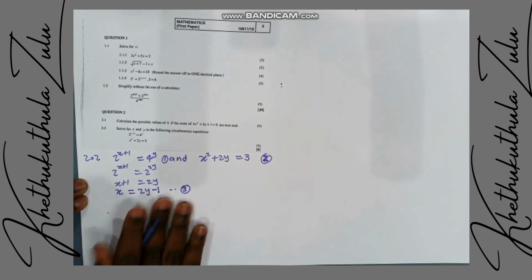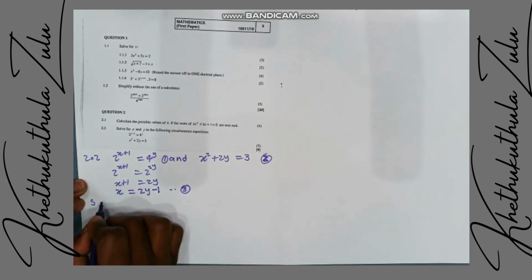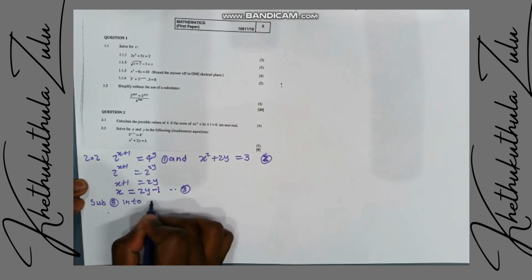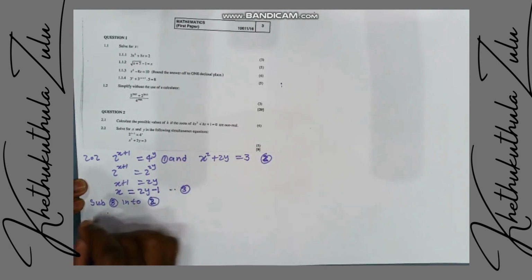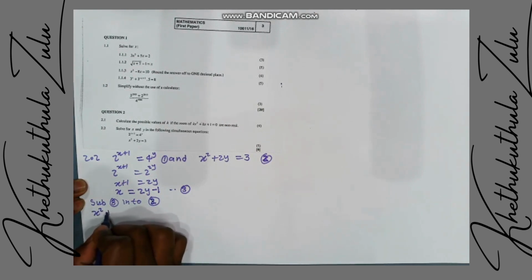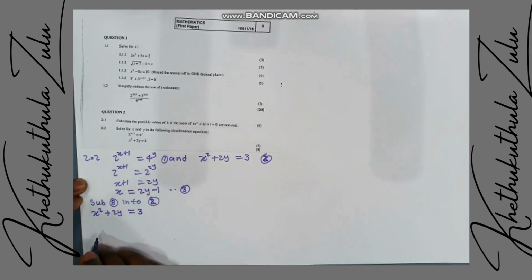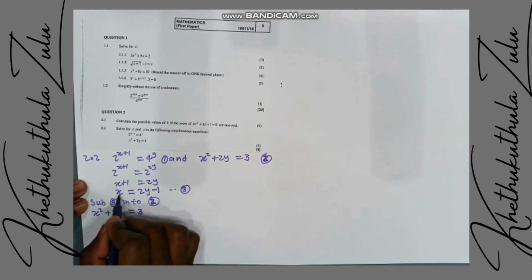Then from this point we can say substitute equation number 3 into equation number 2. What is our equation number 2? It's x squared plus 2y is equal to 3. What is equation number 3 saying?